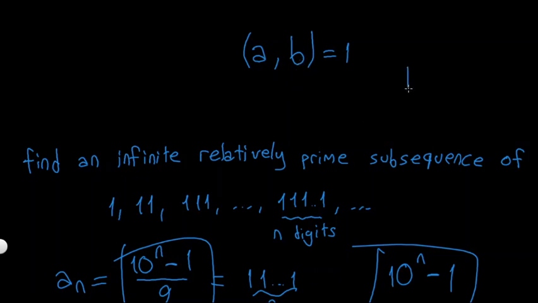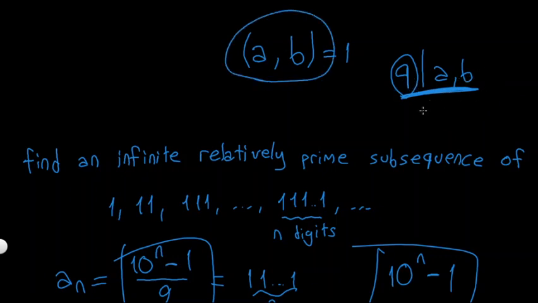So for any prime number q, it can't divide both a and b. If I assume that q divides a and b and get a contradiction, this means that a and b are relatively prime, which means their GCD is 1. Okay, so this is the big idea.